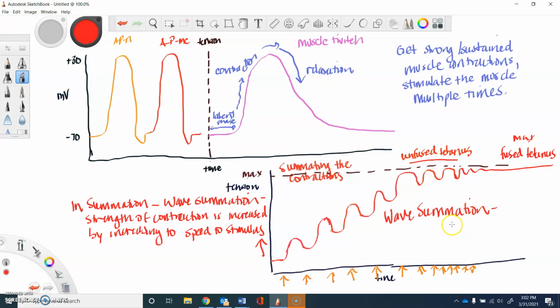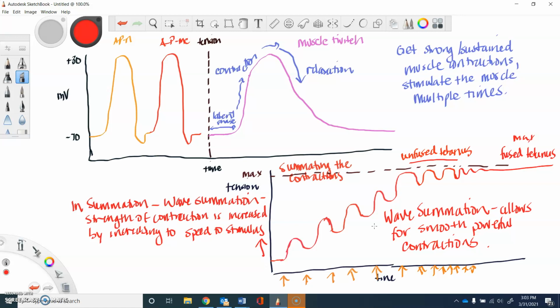And wave summation allows for smooth, powerful contractions. Okay, so in this case with wave summation, we are looking at motor units.